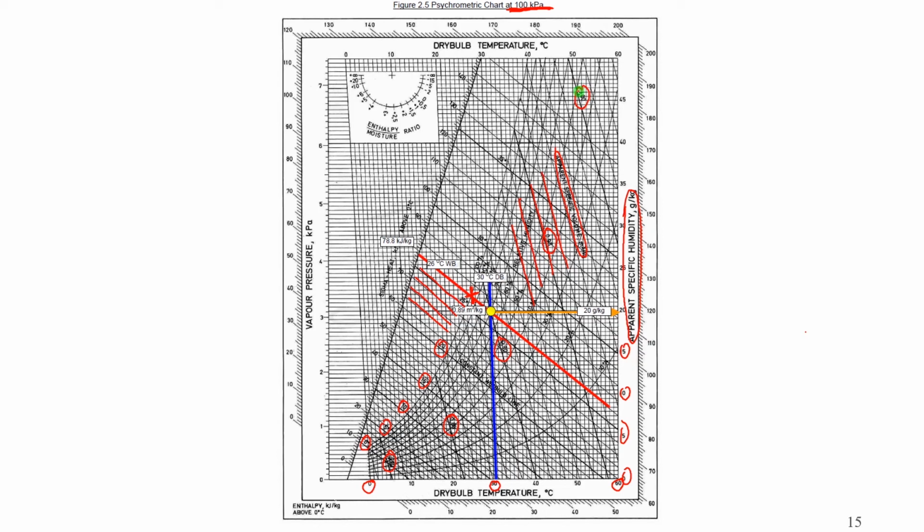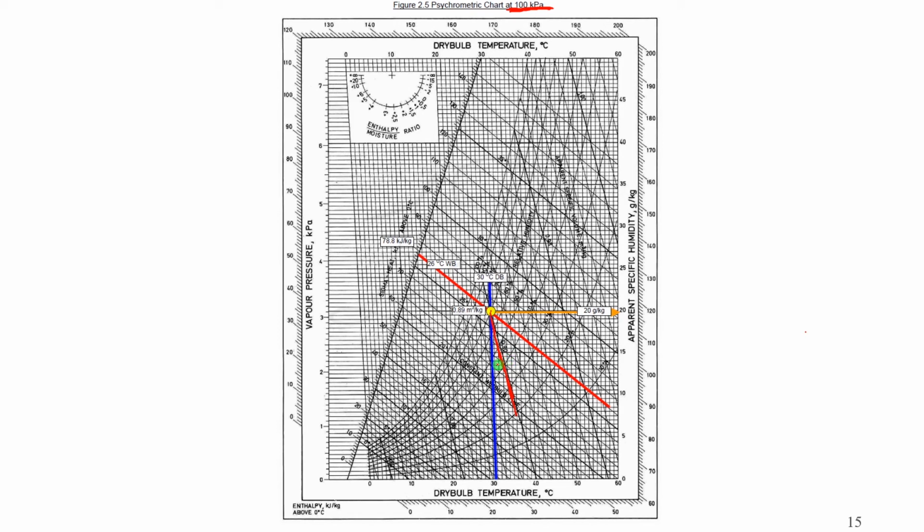If we draw a line in parallel with the apparent specific volume lines from the yellow dot here, we can see this value is between 0.85 and 0.9, and it is slightly less than 0.9, so the value is 0.89 cubic meter per kilogram.